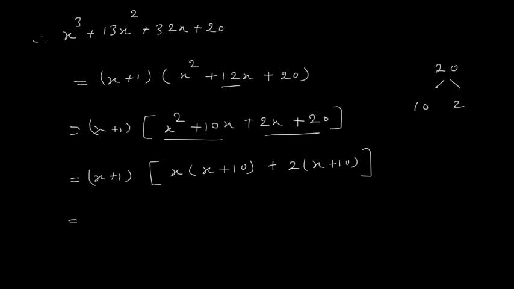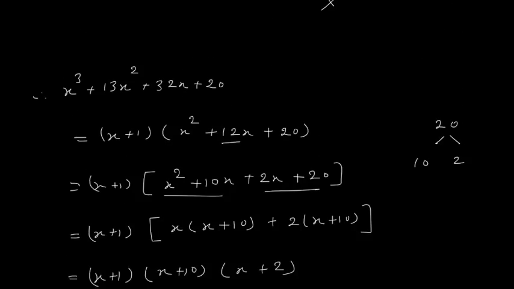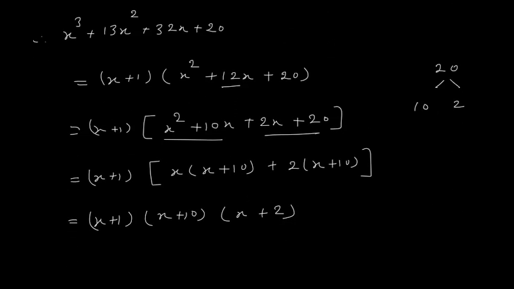So this is x plus 1 in one bracket, x plus 10 in one bracket, and x plus 2 in one bracket. So this is my factorization. Factorization of x cube plus 13x square plus 32x plus 20 is x plus 1 into x plus 10 into x plus 2.